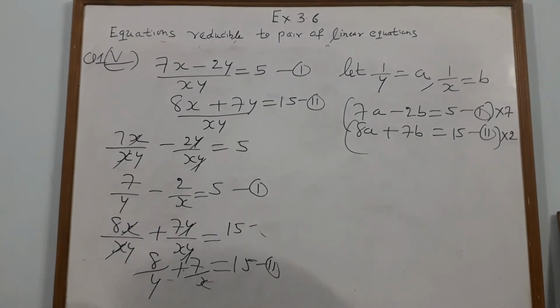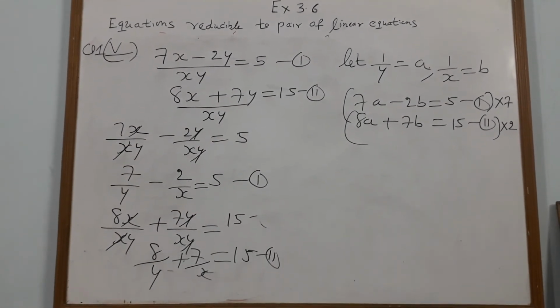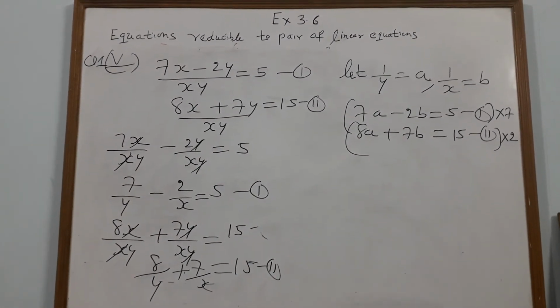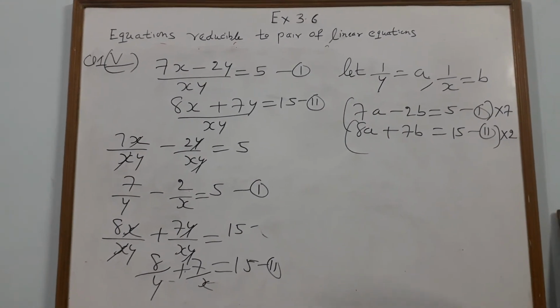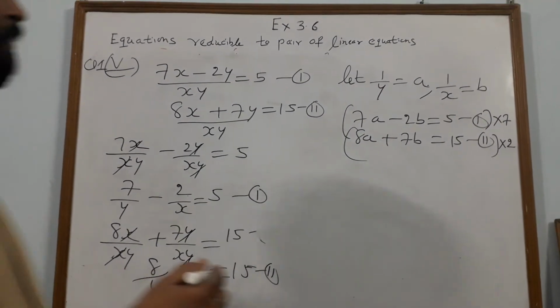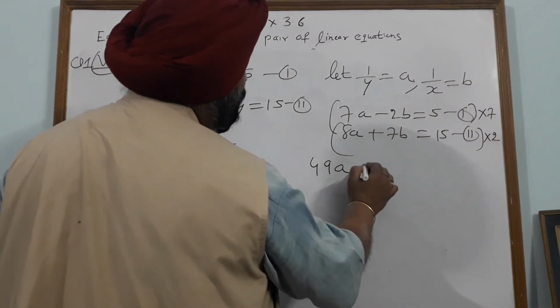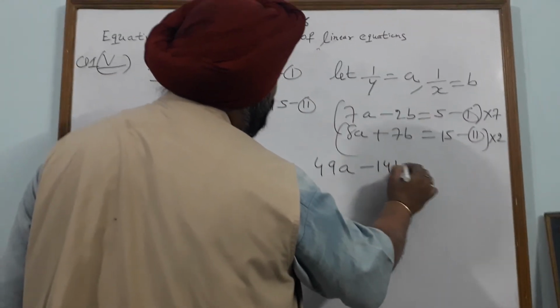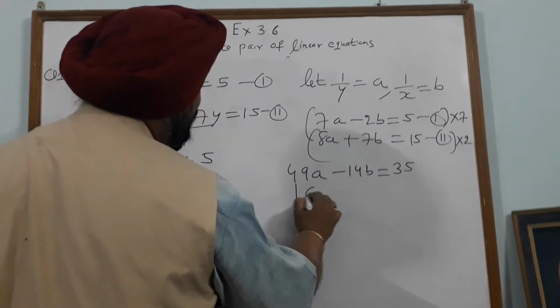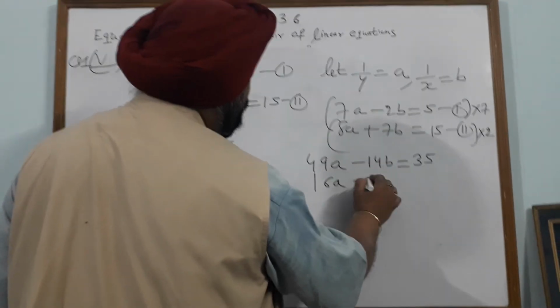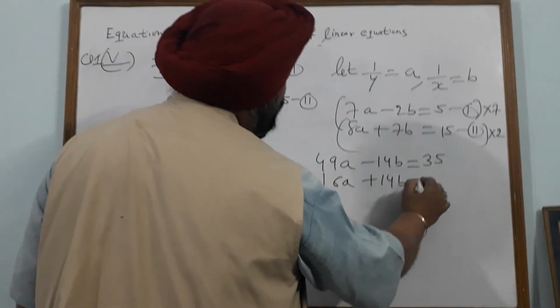Now solve these two equations by the elimination method. Multiply the first equation by 7 and the second equation by 2. Now the equations become 49a minus 14b is equal to 35. Similarly, 16a plus 14b is equal to 30.